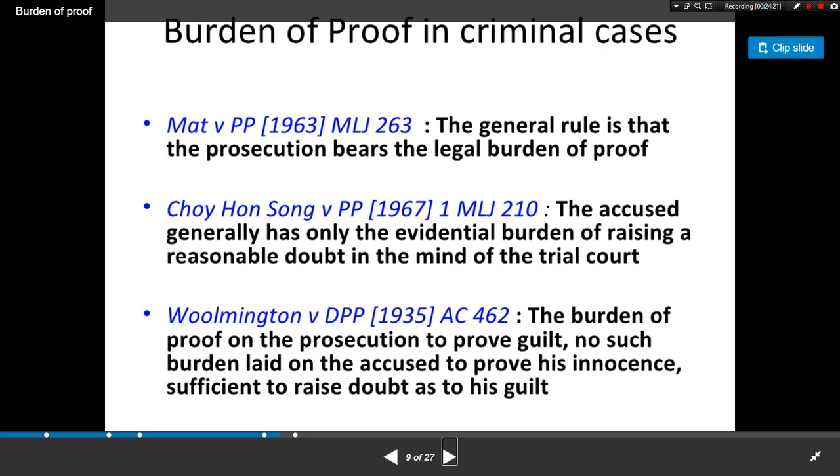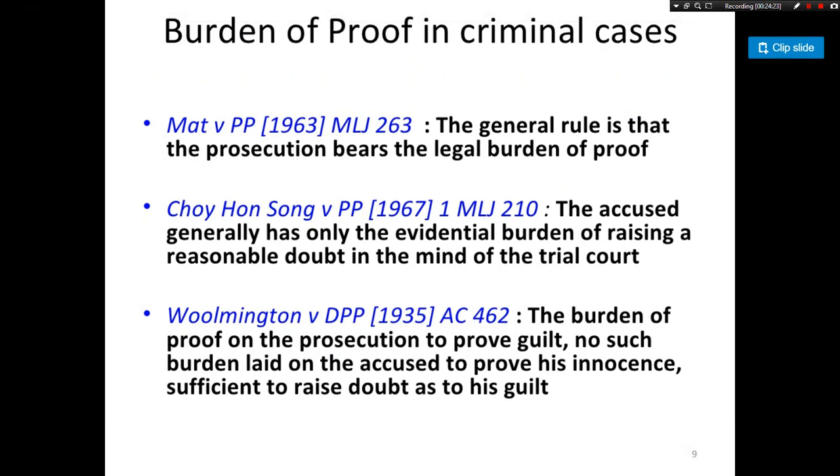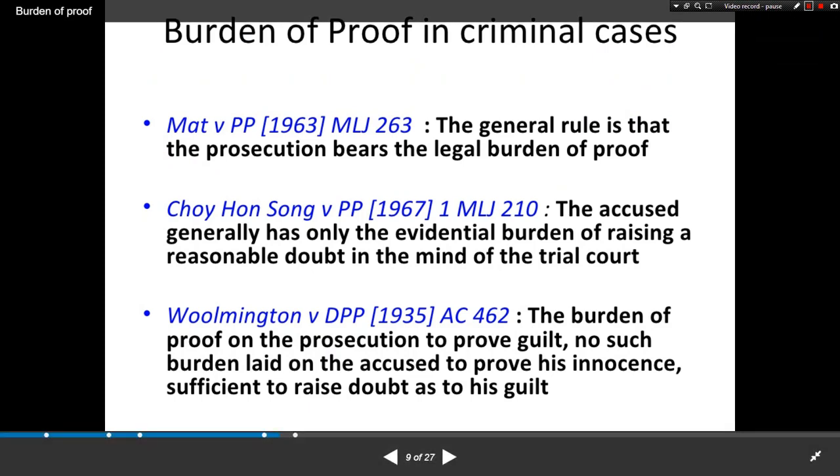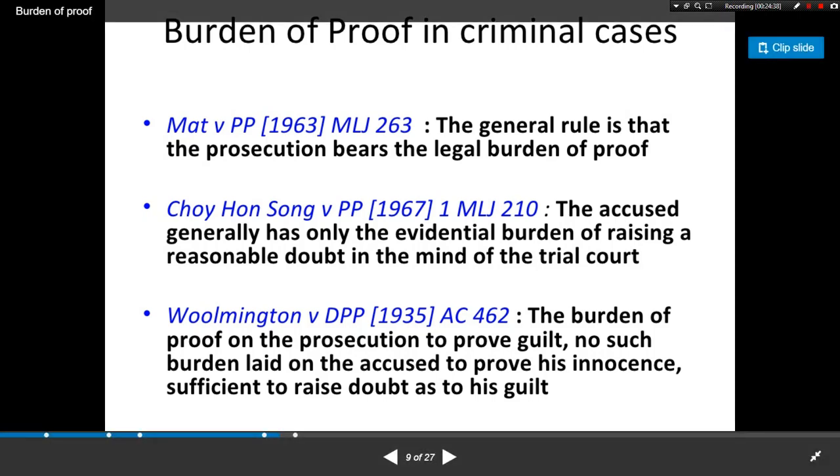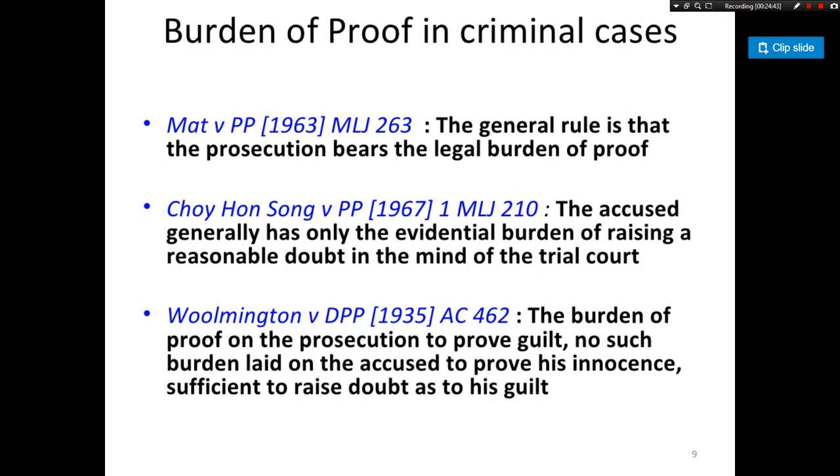The burden of proof in criminal cases: Mat v PP 1963 MLJ 263. The general rule is that the prosecution bears the legal burden of proof, Johnson v PP 1967 1 MLJ 210.